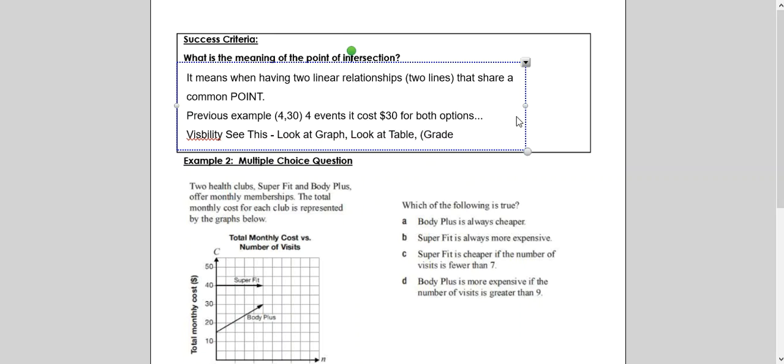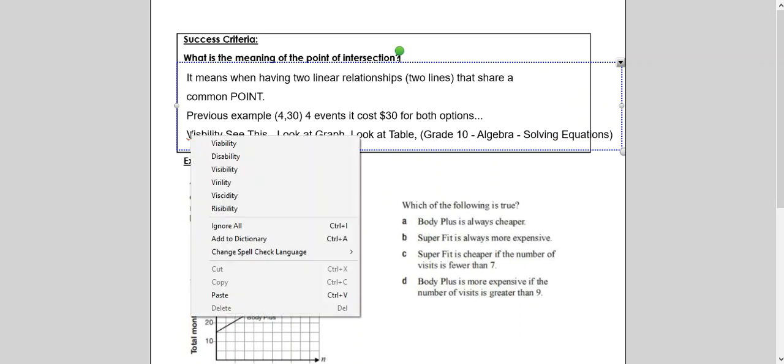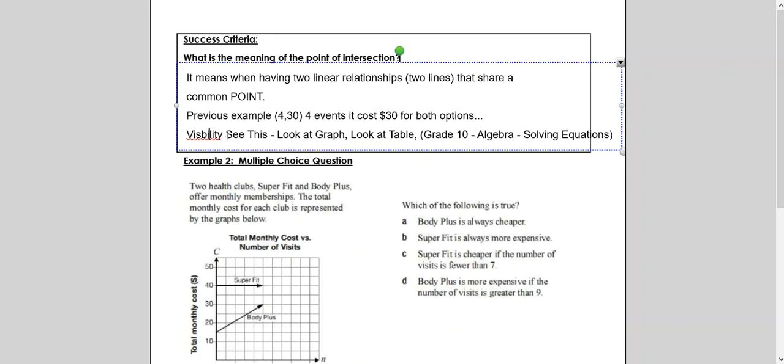In grade 10, we're going to be able to look at that in terms of algebra. And I'll give you a little hint that deals with solving equations. So that's what I can look at. So that's what it looks like.